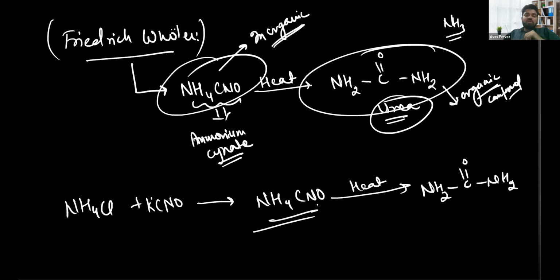So what did Friedrich Wöhler do? Friedrich Wöhler produced the first organic compound, that is urea, from an inorganic substance, that is ammonium cyanate. And he proved the vital force theory wrong. Now, what is the modern definition of organic compound?